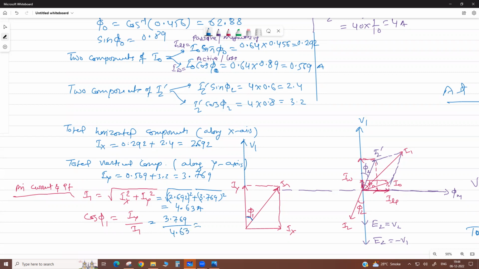Divided by 4.63, it comes 0.813, 0.814 lagging.